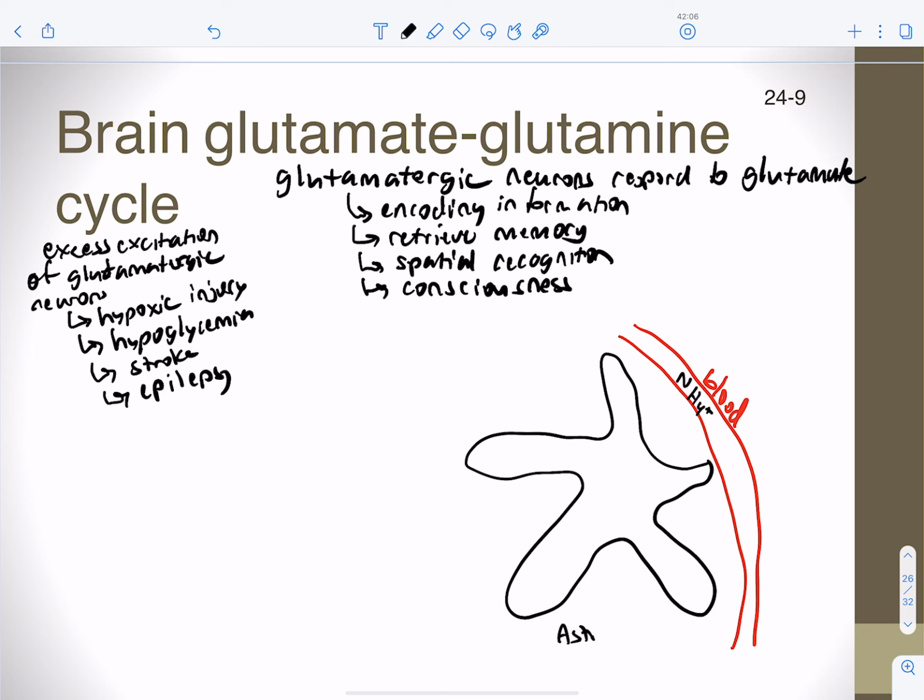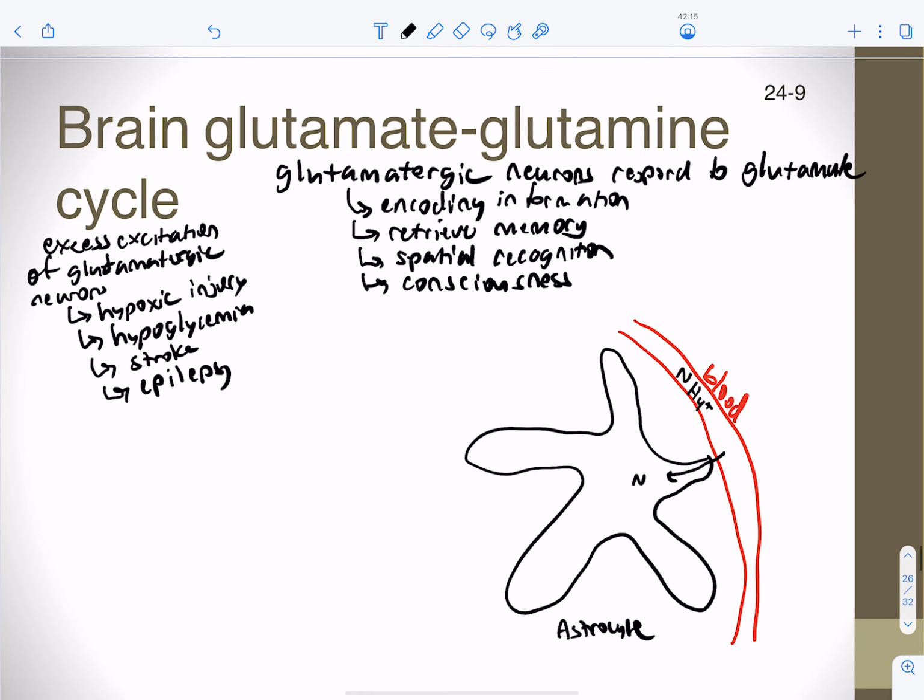And so you'll pick up nitrogen, and then your nitrogen is going to go through a few steps to generate glutamine. And so your glutamine is going to have two nitrogens. And then this is going to be released to a presynaptic nerve.